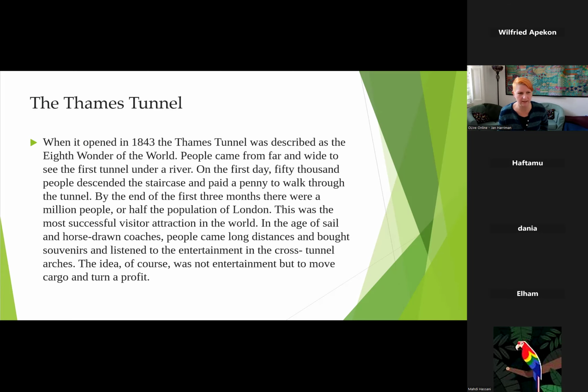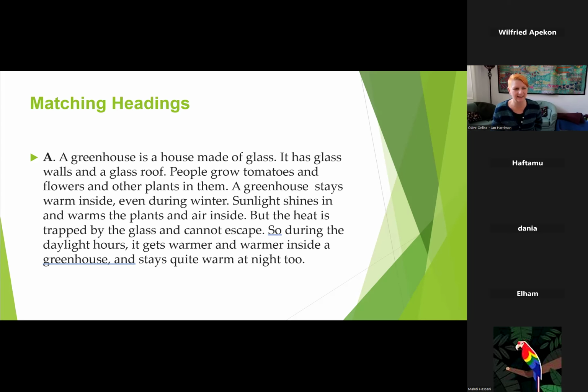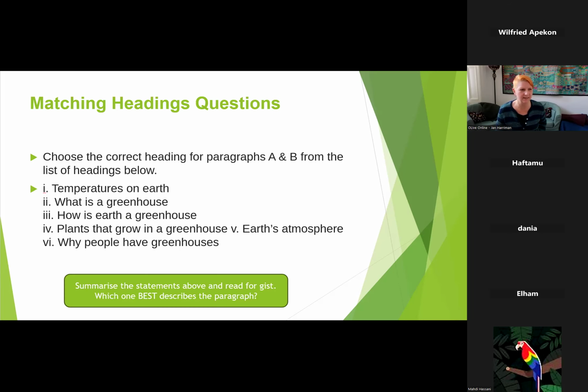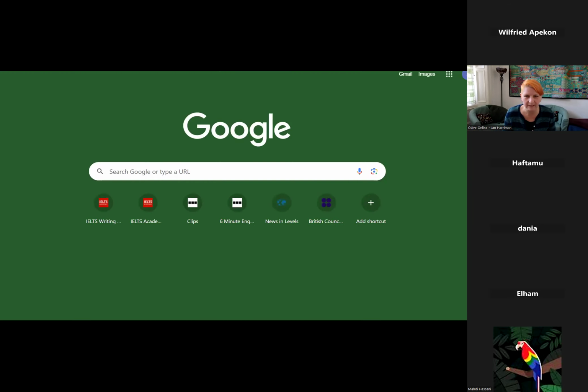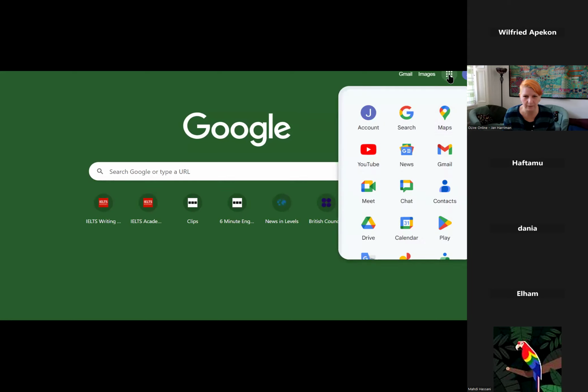And so you can practice this next one, which, in fact, two, because there's a matching headings questions, and there is a true false not given. But we're running low on time, so I want to make sure we have time to show you a few more resources. So one very important resource is not up here. So let me get it there. There we go.